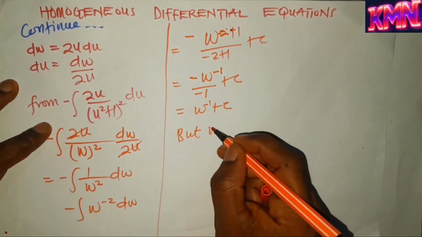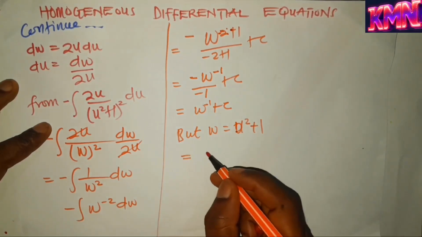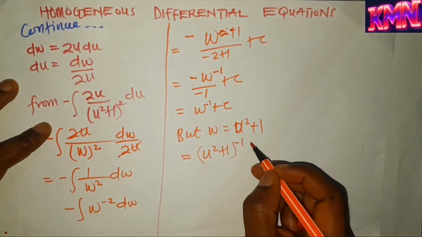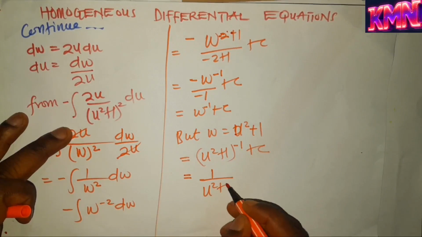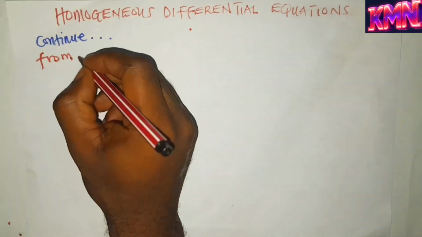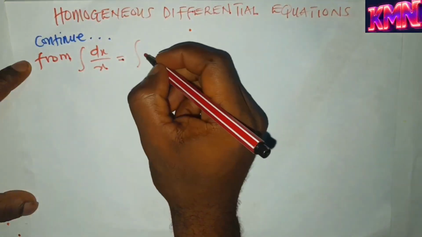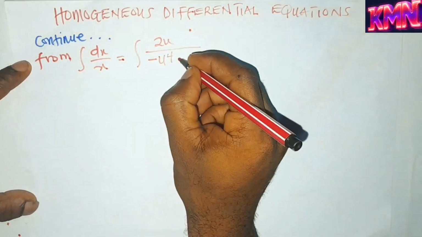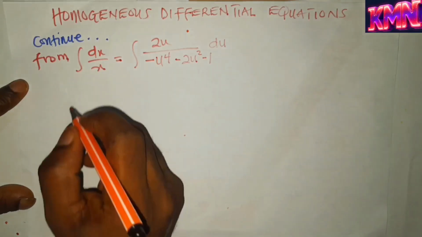But w was u^2 plus 1, hence it becomes (u^2 + 1)^(-1) plus c, which is also equal to 1 on (u^2 + 1) plus c. So from the integral of dx on x equals the integral of 2u on negative u^4 minus 2u^2 minus 1 du.